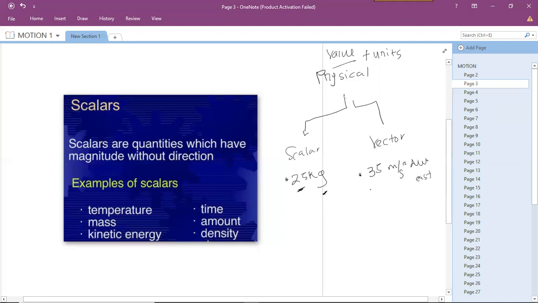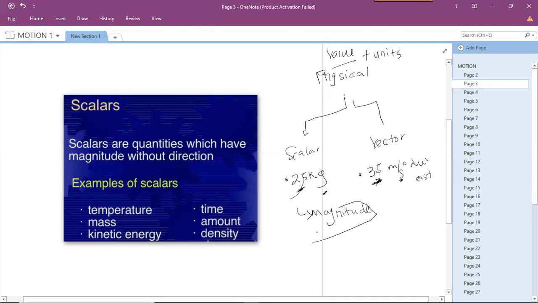This is a velocity, so we have a magnitude and a numerical value, which is considered the magnitude, and also the units. So these are the physical quantities. And scalar quantities, we say they just have this numerical value, they only have magnitude. So these are quantities that just have magnitude without direction.